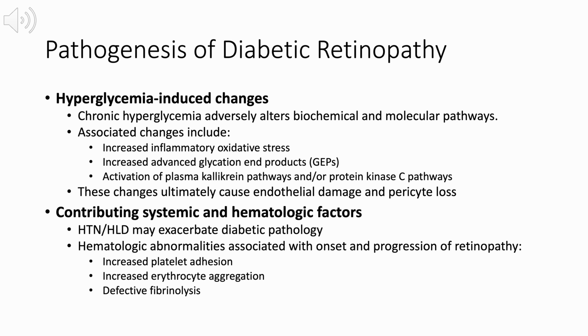There are also hematologic abnormalities associated with both the onset and the progression of retinopathy: increased platelet adhesion, increased erythrocyte aggregation, and defective fibrinolysis. Notice that all 3 of these push in the same direction, towards sluggish flow and vascular occlusion within already damaged capillaries. Hold on to that idea of occlusion, because it is the bridge to our next slide.